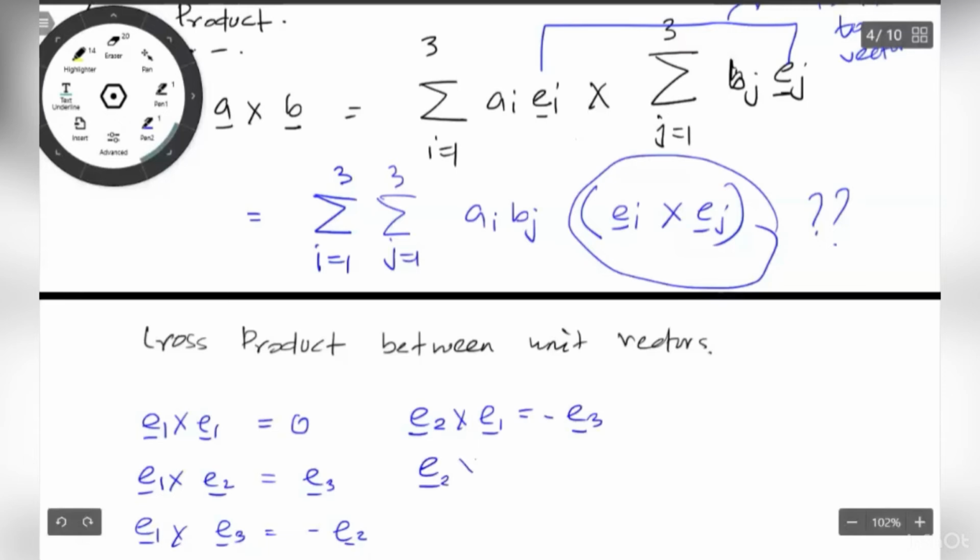Now, E2 cross E2 will be 0, and E2 cross E3 will be E1.